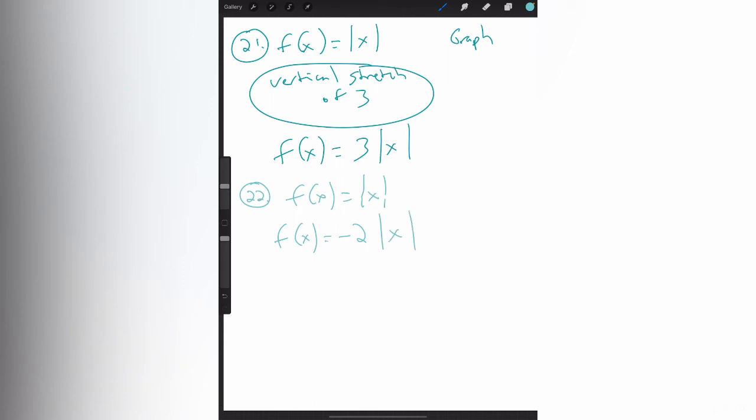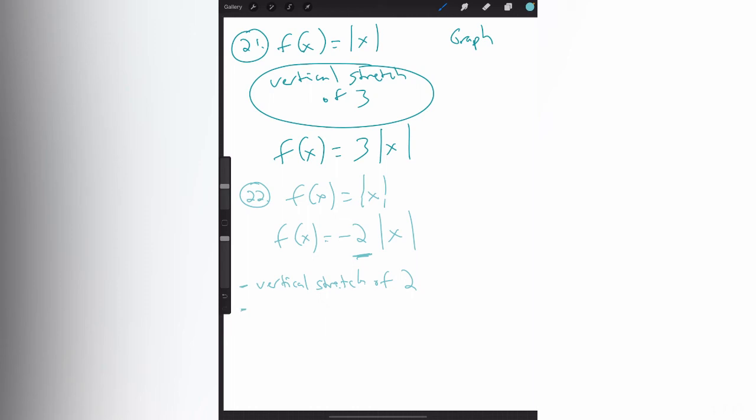All right, it says y, but I'm just going to use f of x. So there's 2 things that it did here. First, I see a vertical stretch of 2. That's the first thing I see.